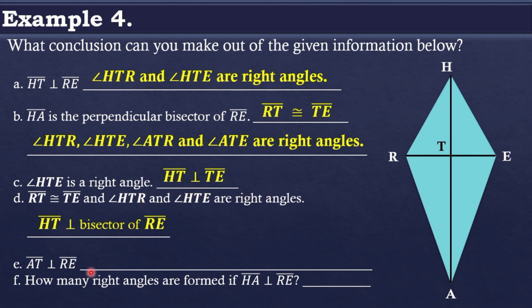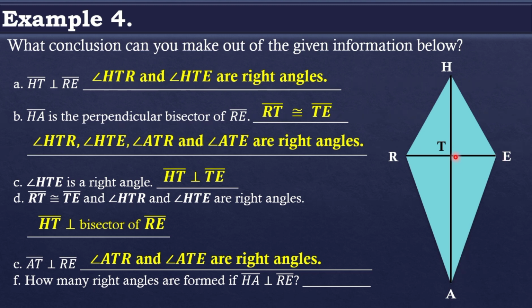Okay? Next, AT. Ito si AT. AT is perpendicular to RE. So, ibig sabihin, ito ang focus natin dyan. Therefore, ang conclusion natin, angle ATR and angle ATE are right angles.